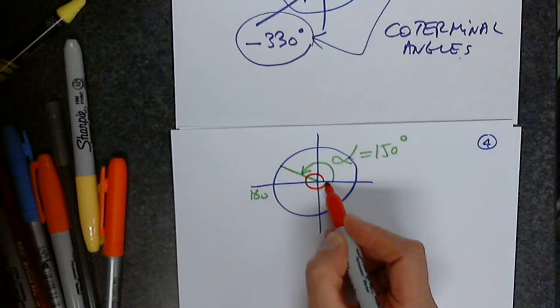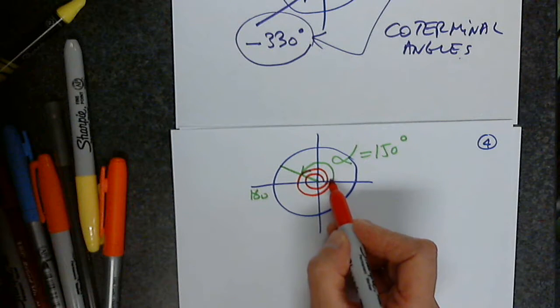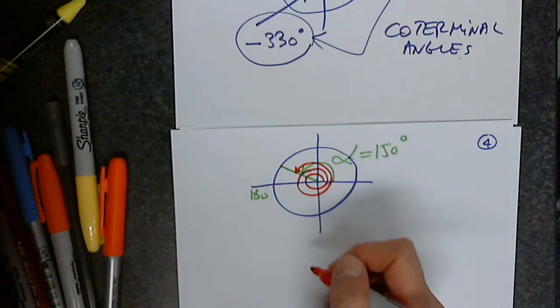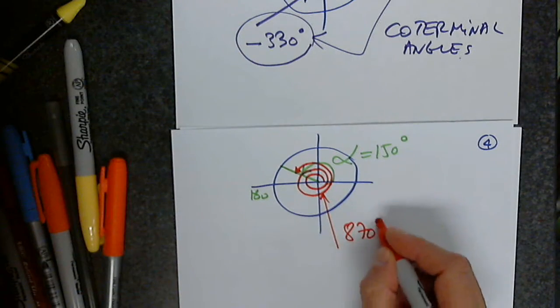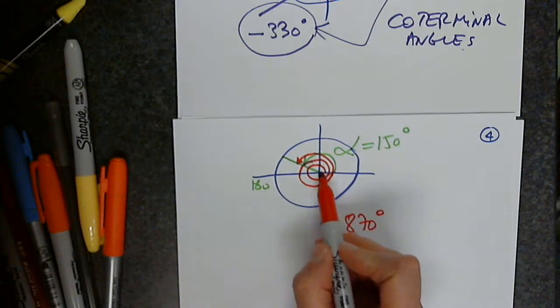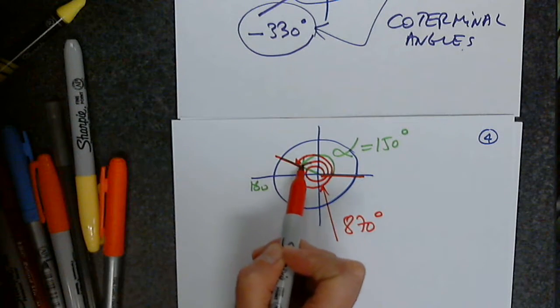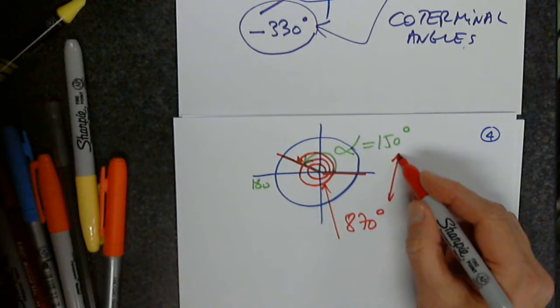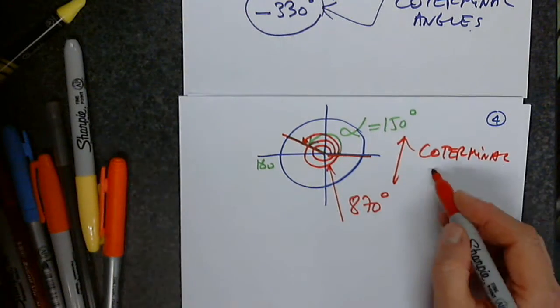I want to continue 360, which is 720. 720 plus 150 is 870. So the coterminal angle that I wanted to create this time started, of course, at the same spot as alpha, and ended at the same spot as alpha. I decided to go around the circle twice. They're still coterminal angles.